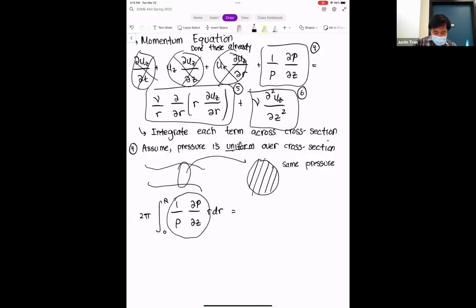Same thing for the density rho: it's not going to change in a cross section. Since they don't depend on r, we can just pull them right out of the integral.